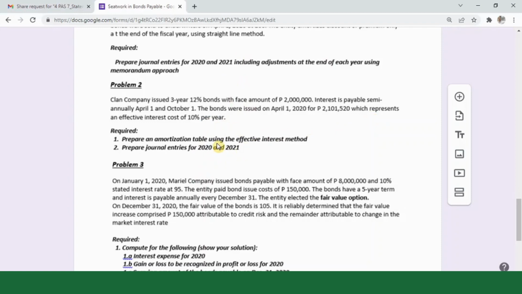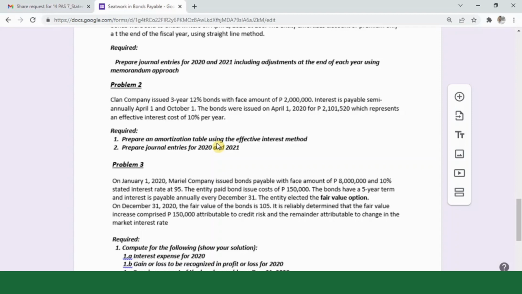Kasi semi-annual ang payment ng interest. The bonds have a 3-year period, but in getting the present value factor, it will be considered as 6 periods.